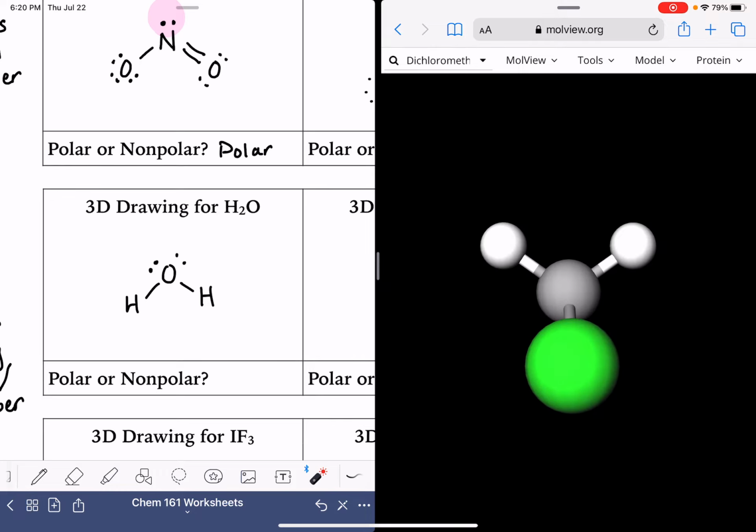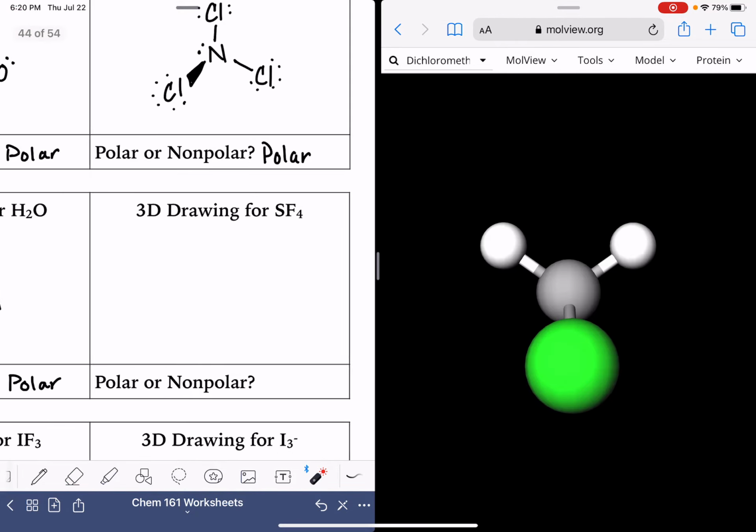They're both angling up, one to the left, one to the right, which means that they're not canceling each other out. And this molecule is also polar. They can only cancel each other out if they are exactly opposing each other on that central atom. Since in this molecule they're at an angle, not exactly opposing each other, the molecule is still polar. It's a pretty tricky concept.